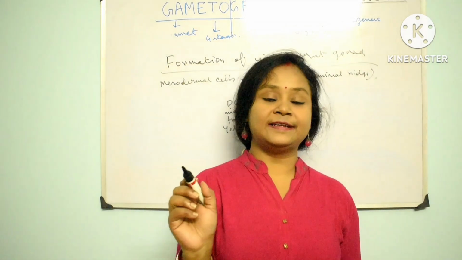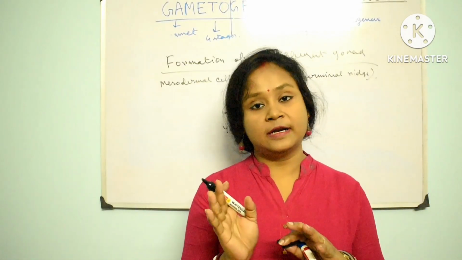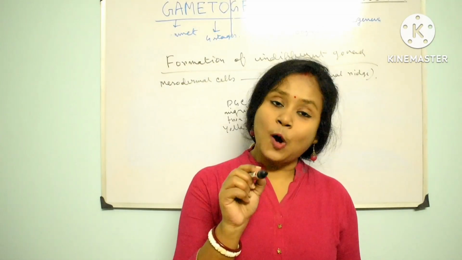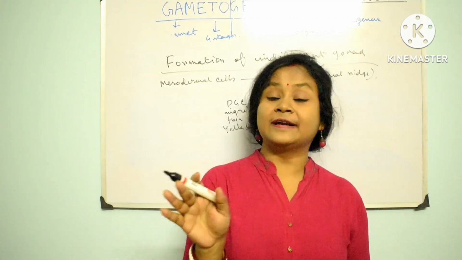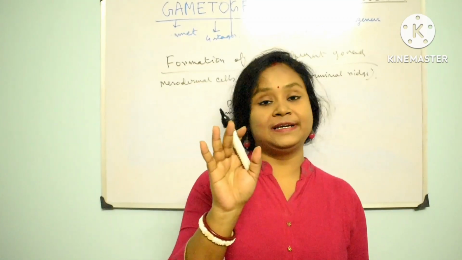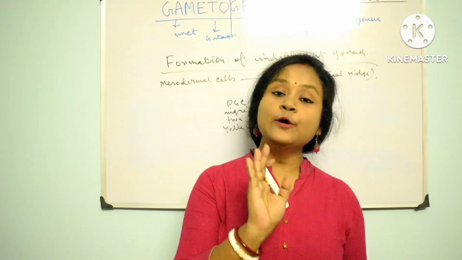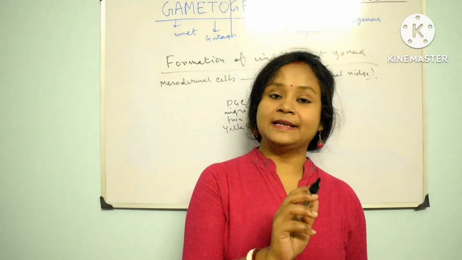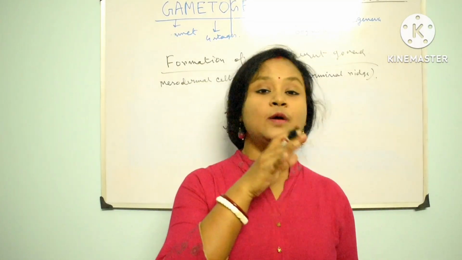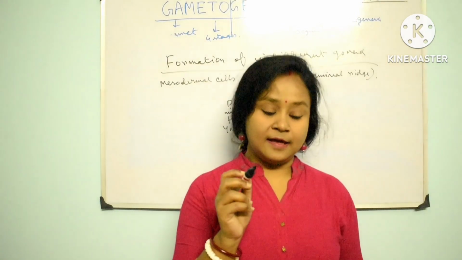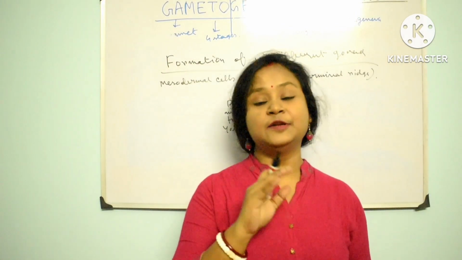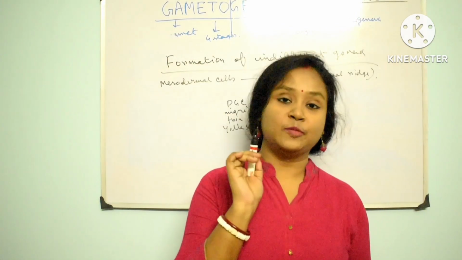This gonad with cortex and medulla cannot yet be differentiated into male or female gonad, so it is known as the undifferentiated, indifferent or neutral gonad. In a later stage of development, this neutral gonad differentiates either into testis or ovary, under the influence of particular hormones.